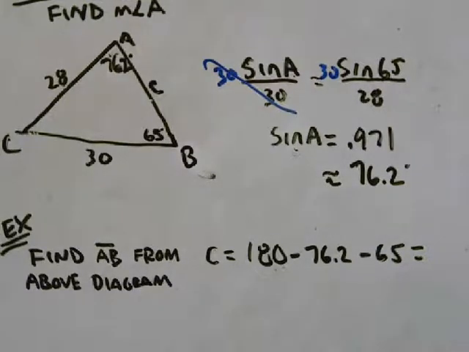So we do have to use some of the old concepts that we've learned in past courses for this concept. So 180 minus 76.2 minus 65, and we get 38.8.